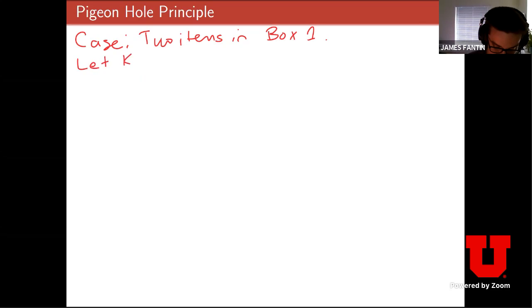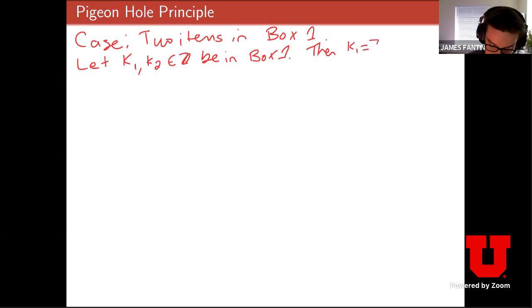Let 2 integers k1, k2 be in box 1. Then by definition, k1 is equal to 7c1 plus 0, so we can just say that it's equal to 7c1. And then k2 is equal to 7c2, with c1, c2 being integers.